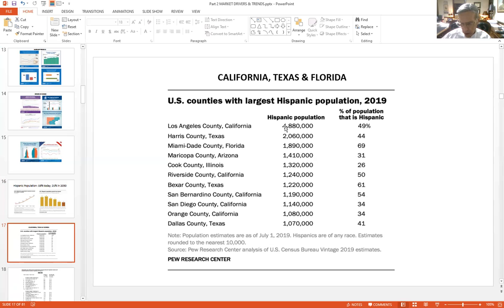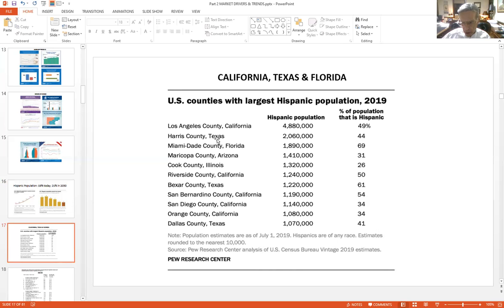So if you put all those together, you got a lot of people of Hispanic origin. And the significance of this is that marketing must be done in the Spanish language as well as English, and tastes of food, clothing, entertainment, a whole lot of consumer goods and services must respond to the preferences of this particular group.